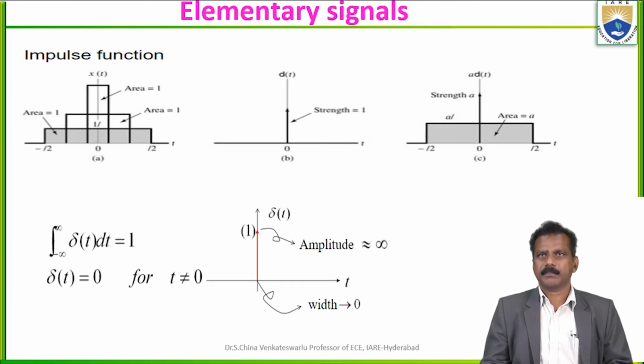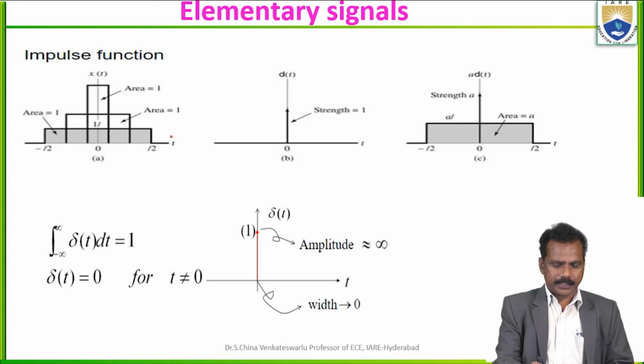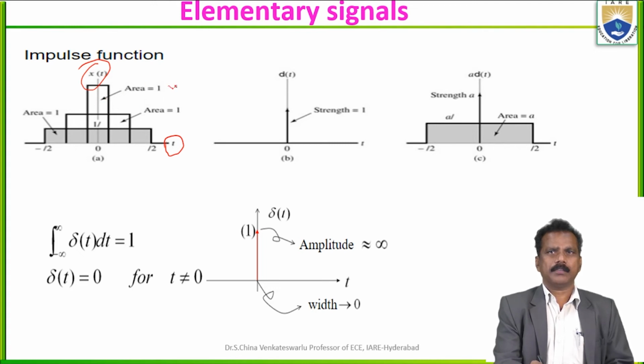Now the impulse function. Among the elementary signals, we have to observe the impulse function, t versus x of t. This area is specified as 1.